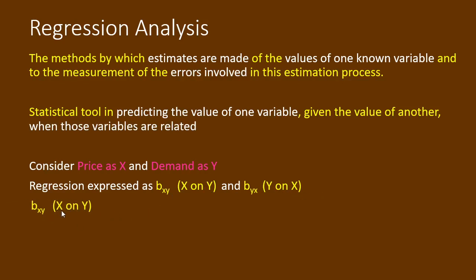In bxy, or x on y, we can identify two variables, x and y. In this case, the dependent variable is x and the independent variable is y. We are going to find the values for x, that means we identify the value of x when we know the value of y.